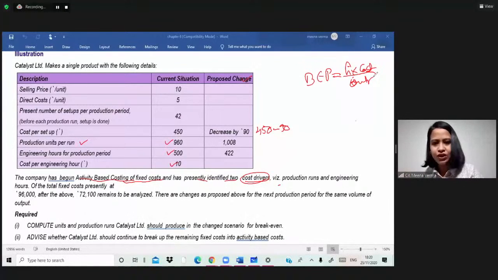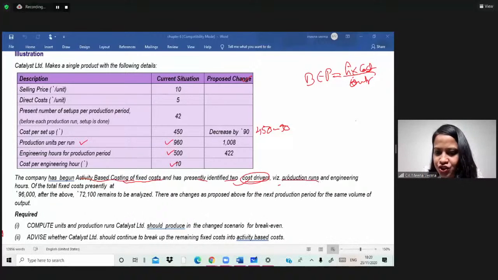Now, in order to find the fixed cost, in case of break-even CVP analysis, we will first divide the fixed cost on the basis of the cost drivers which we have. They are saying that there are only two cost drivers, so on the basis of those two cost drivers we will first divide the fixed cost which we have in the organization. What are those cost drivers here?